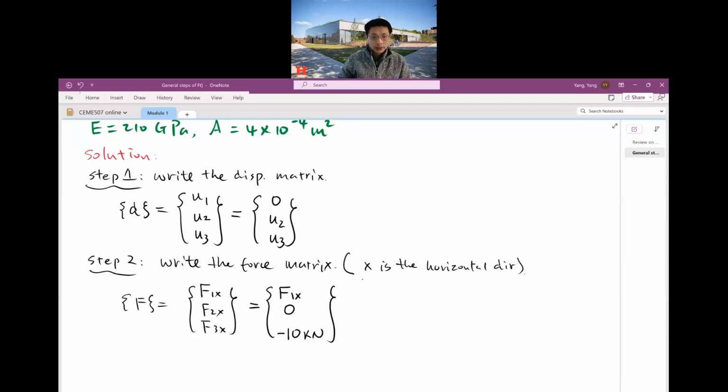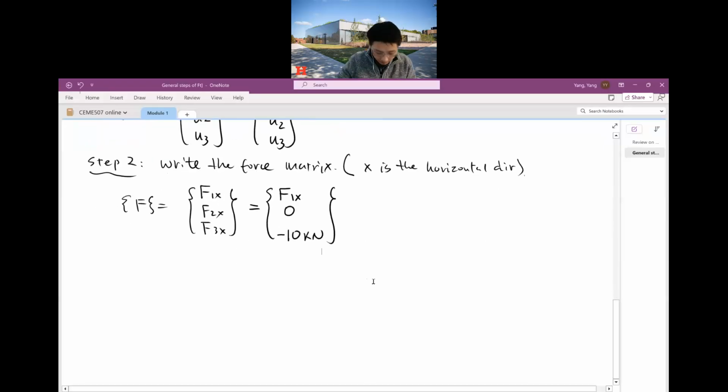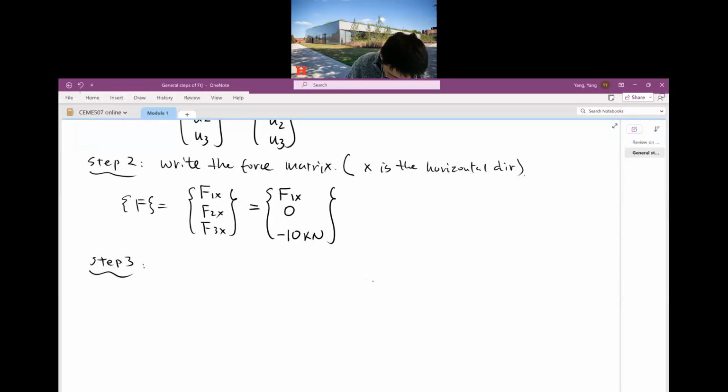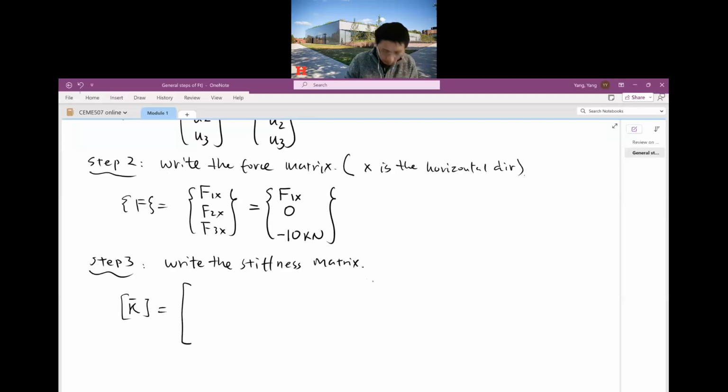So the next step, step 3, we write down the stiffness matrix, the global stiffness matrix.